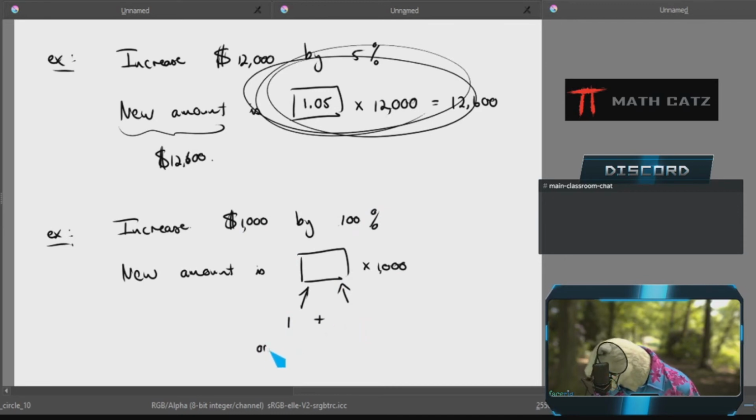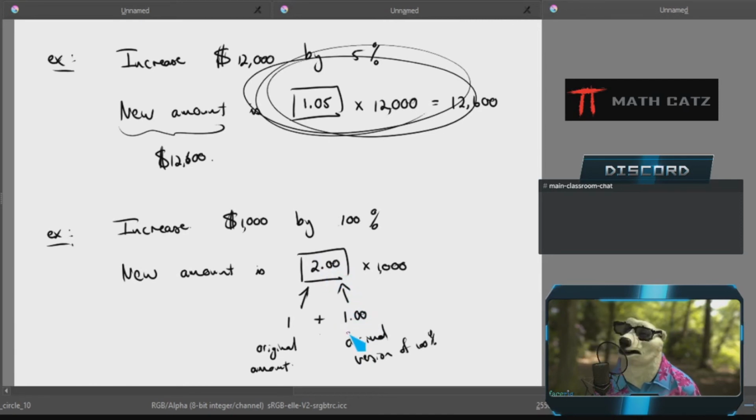So this is my original. I'm trying to write some stuff so that you can look back and make sense. I'm increasing, so the plus. I'm going to have the decimal version of the percentage. In this case, it happens to be 100%. That's also a 1, or 1.00 if you will. So my decimal factor is 2, or 2.00 if you will, which confirms my suspicion that I'm doubling what I get.